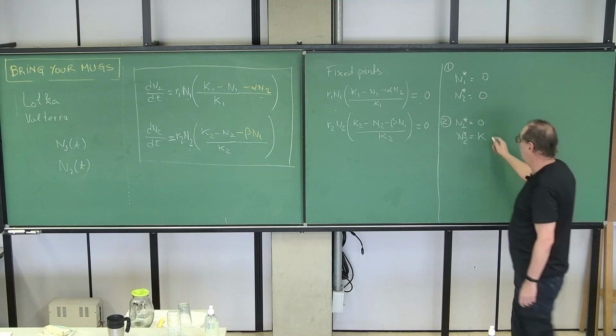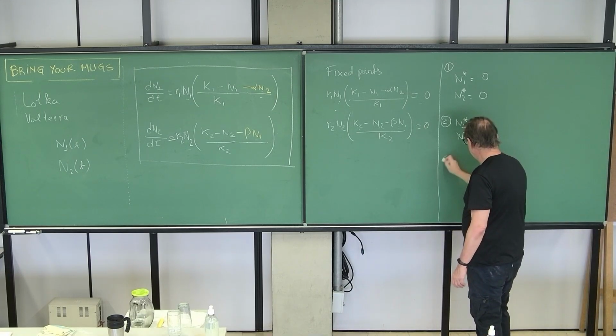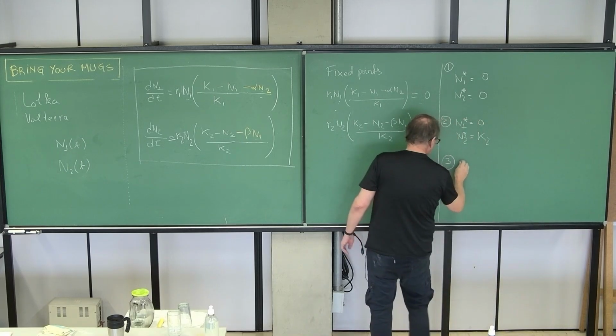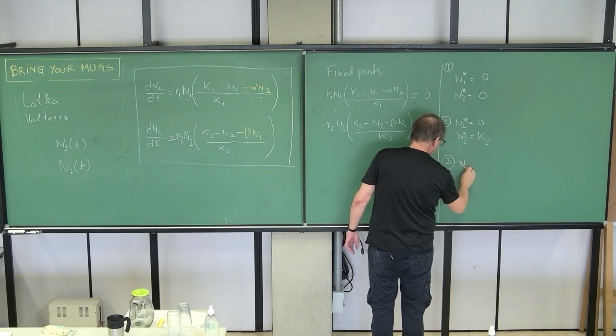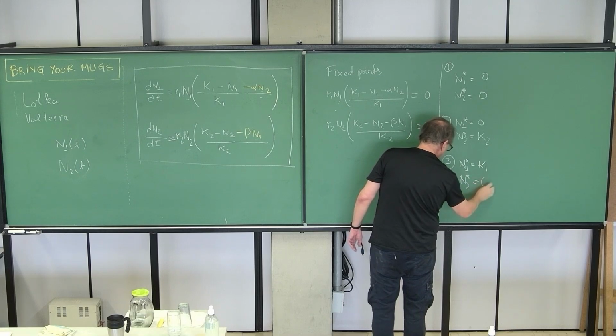N2 equals K2. And symmetrically, we could have N1 equal to K1 and N2 equal to 0.